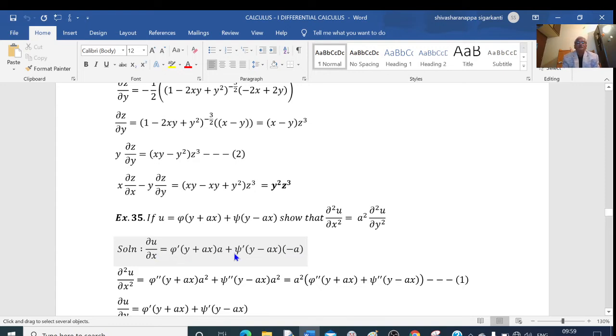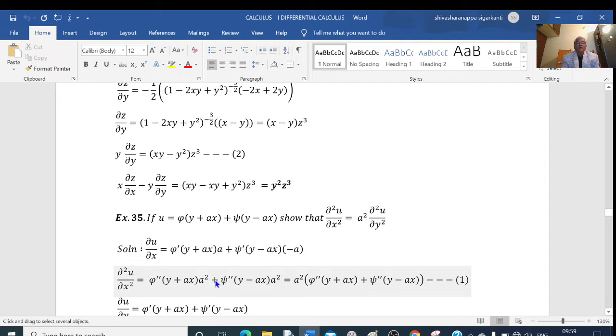Again differentiating this partially with respect to x, we get ∂²u/∂x². Now, differentiating this equation partially with respect to x, we get ∂²u/∂x² equal to phi double dash of y plus ax into the derivative of y plus ax with respect to x, which is a. Already one a was there.